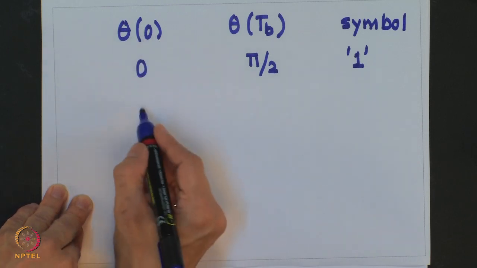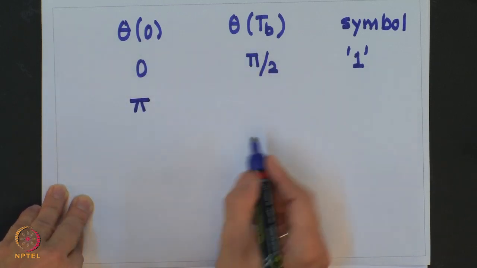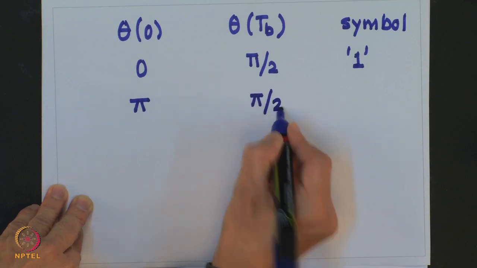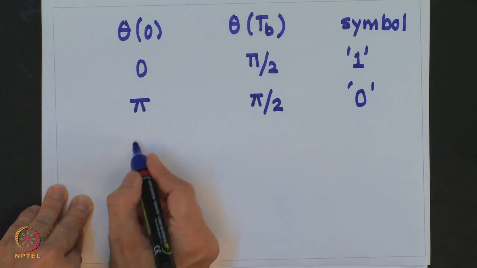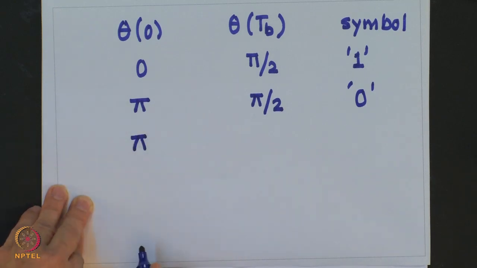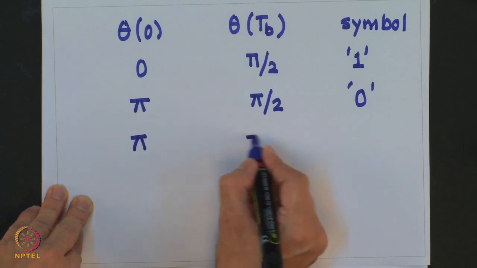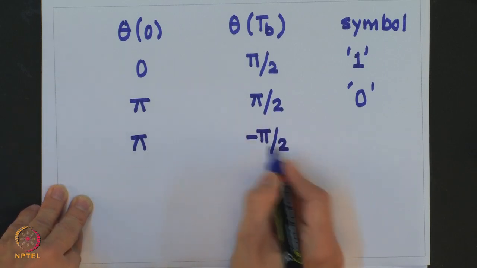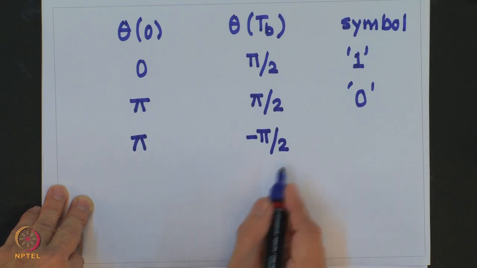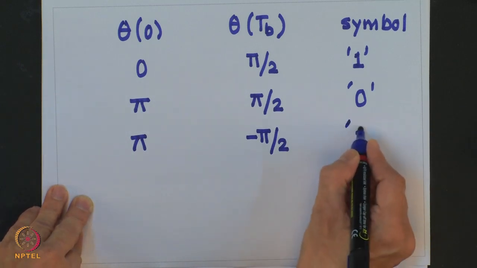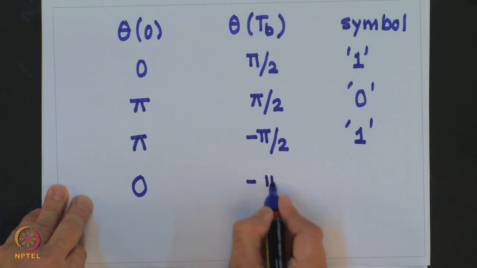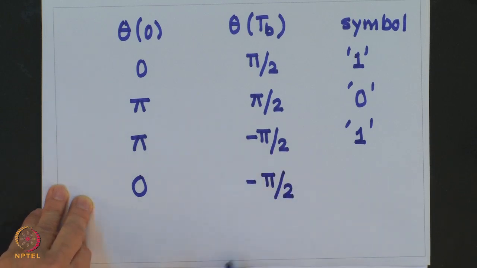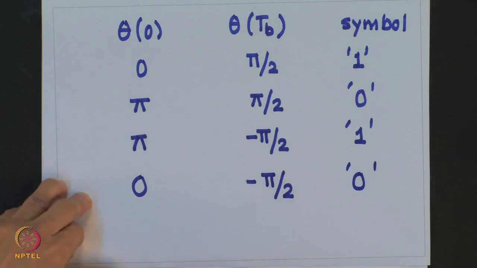Or we could have theta 0 equal to pi and theta Tb could be equal to pi by 2, in which case we have transmitted symbol 0. Or we could have theta 0 to be pi and theta Tb to be equal to minus pi by 2, which is same as 3 pi by 2 modulo 2 pi. This implies that there is a transmission of 1, and theta 0 equal to 0 and this equal to minus pi by 2, it means I have transmitted symbol 0.